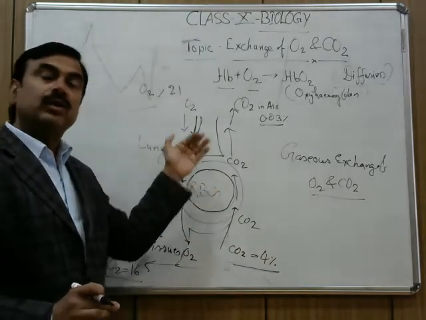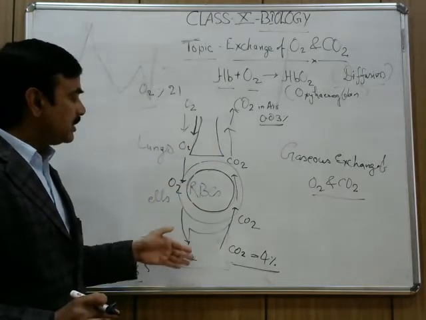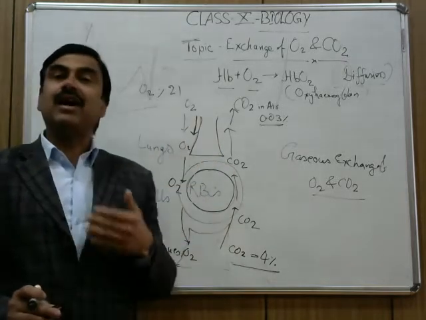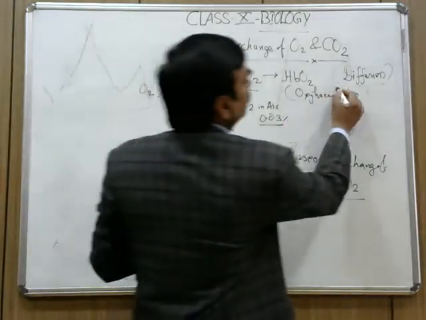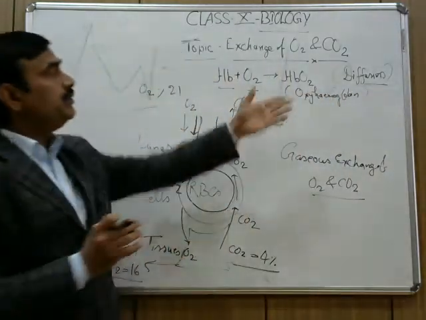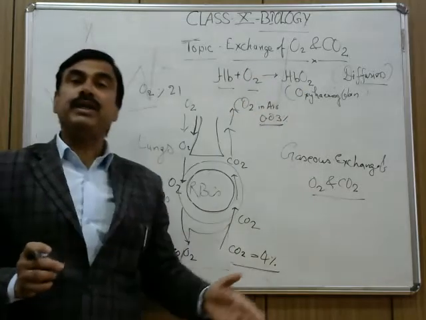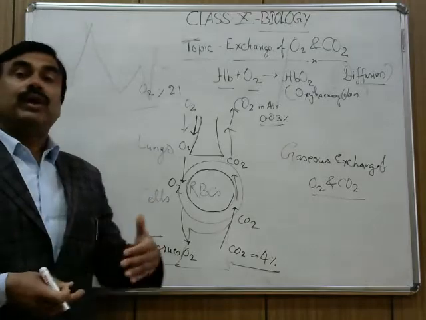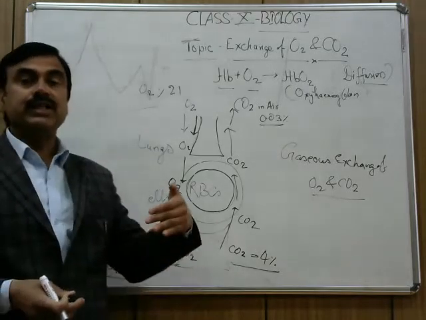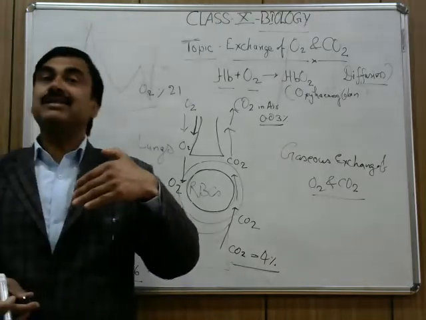How is the O2 taken in, how is the CO2 taken out? It is by the diffusion process. As I told you, the diffusion process is very important to transport the O2 and CO2 from one region to another region. Why does this take place?